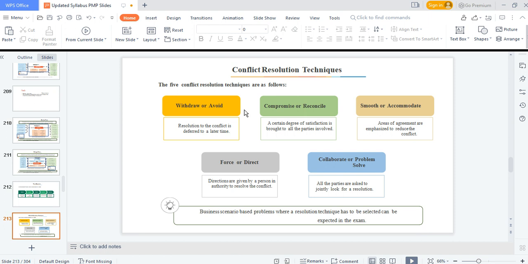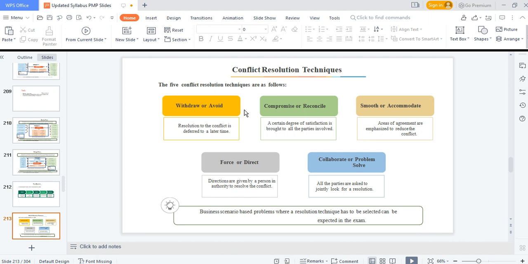Okay, conflict resolution techniques. The question is, if you have a conflict, how do you resolve it? Withdraw and avoid, compromise and reconcile, smooth or accommodate, force or direct, collaborate or solve problem.